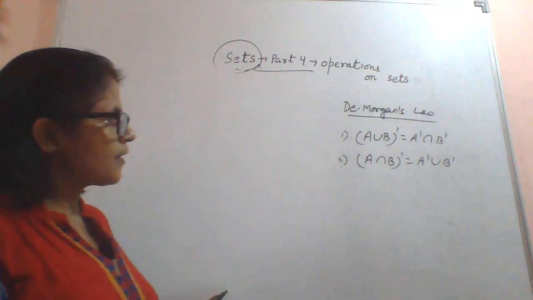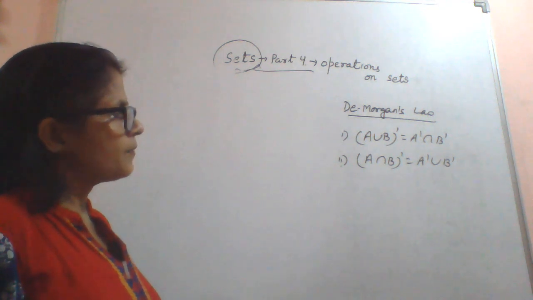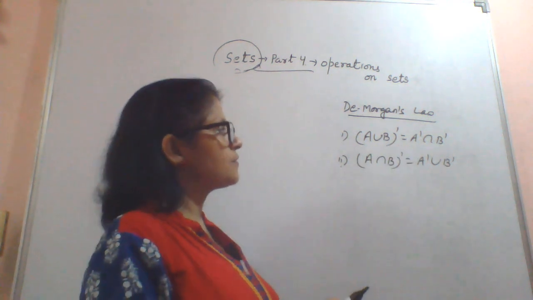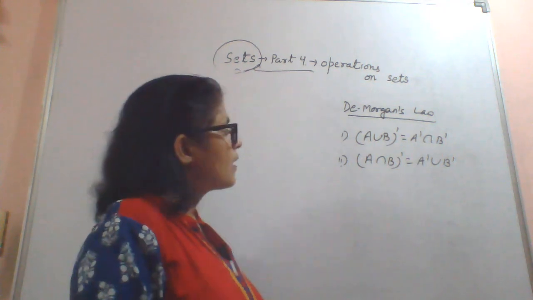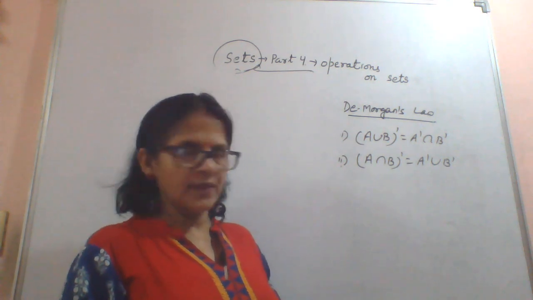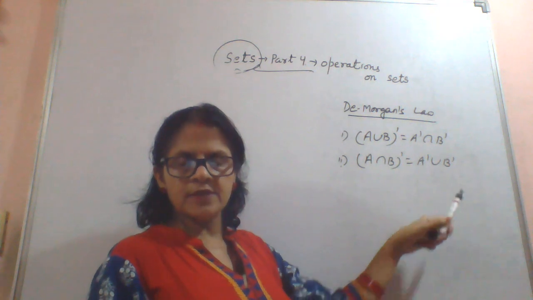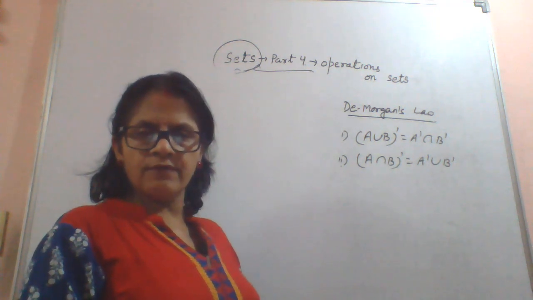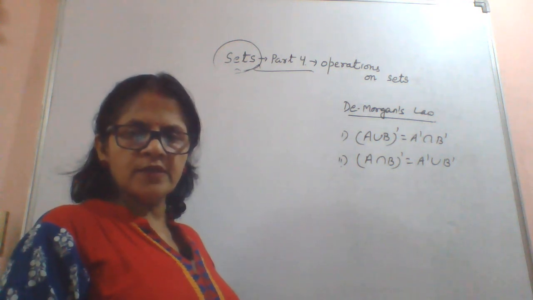De Morgan's law is: complement of A union B is equal to A complement intersection B complement, and the second part is complement of A intersection B is equal to A complement union B complement. If you just want to verify this, you can take a Venn diagram.